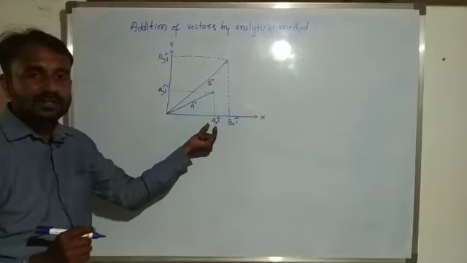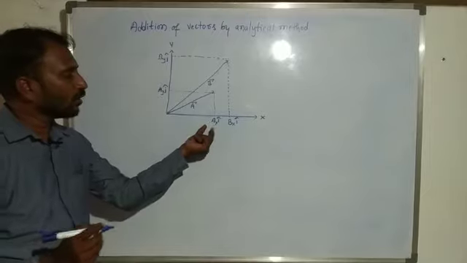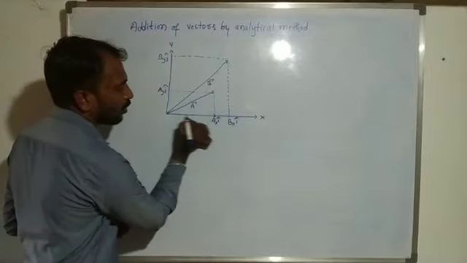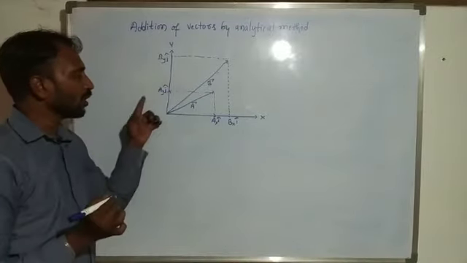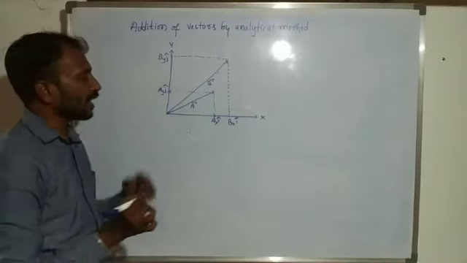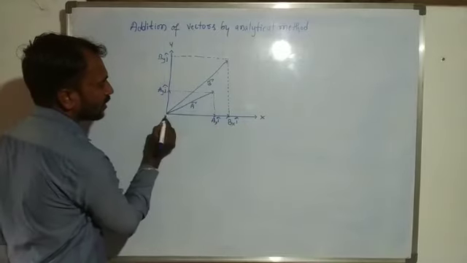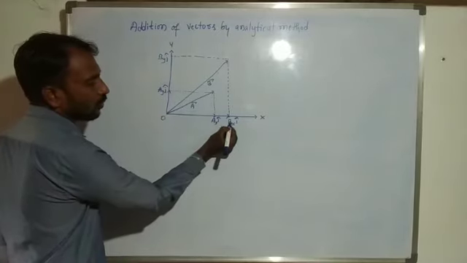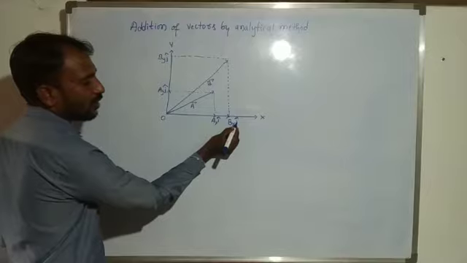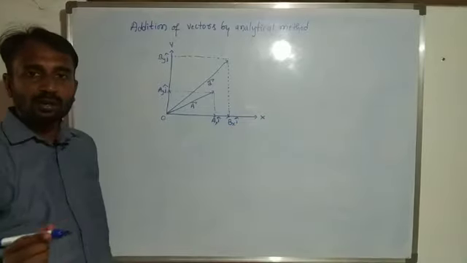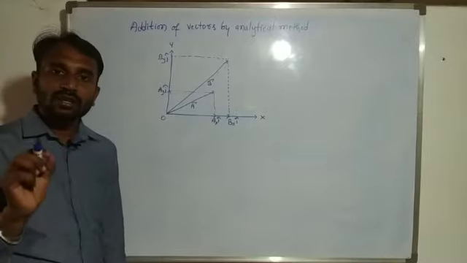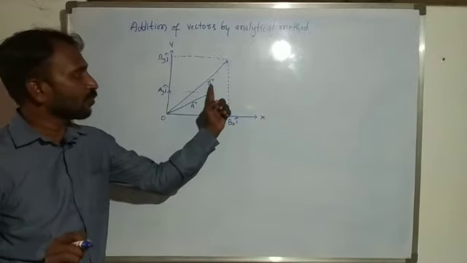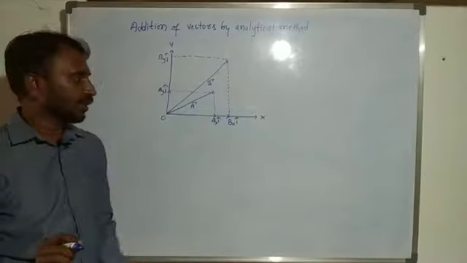Ax i cap is the component of vector A along the x-axis, and Ay j cap is the component of vector A along the y-axis. Bx i cap is the component of vector B along the x-axis, and By j cap is the component of vector B along the y-axis.